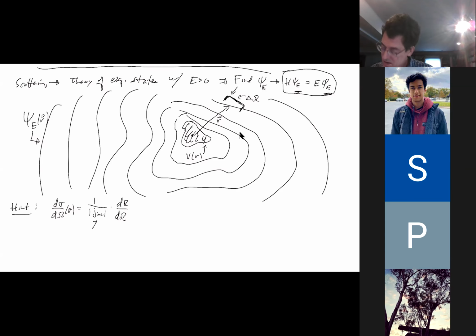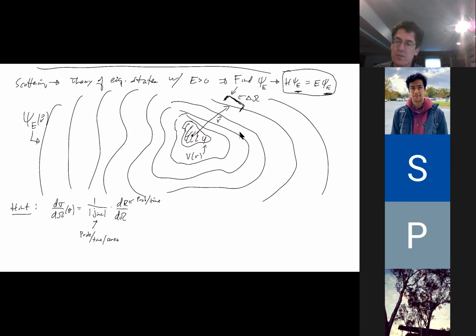It's like probability per area per time. Exactly. Probability per time per area. That's right. And what are the units of dr? Probability per time. Exactly.